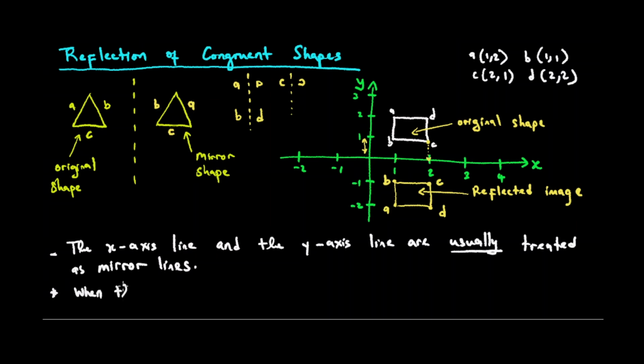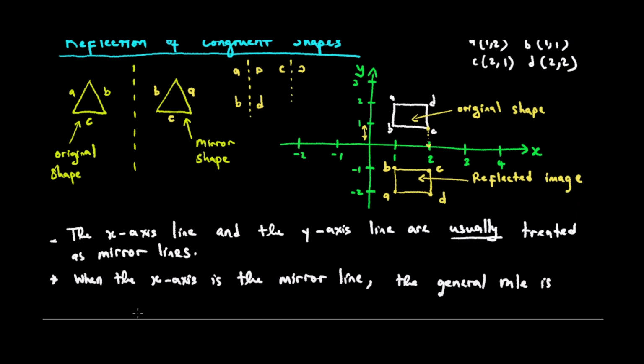When the x-axis is the mirror line, the general rule is: what is the general rule? If we have a point (x, y), when it is reflected it becomes (x, -y).